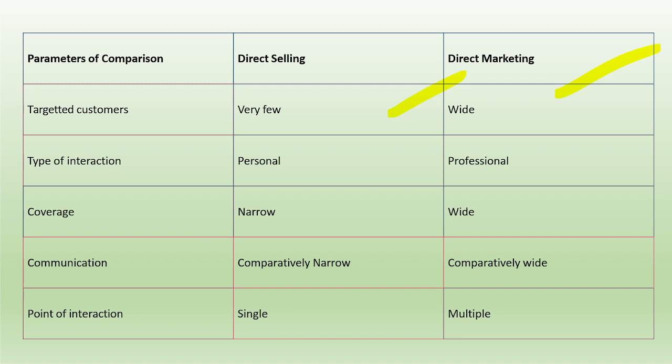The coverage is narrow in direct selling, and in direct marketing it's wider. Communication is comparatively low in direct selling, because only the part where the customer is interacting with the salesperson is covered. But in direct marketing the communication will be to a large extent.